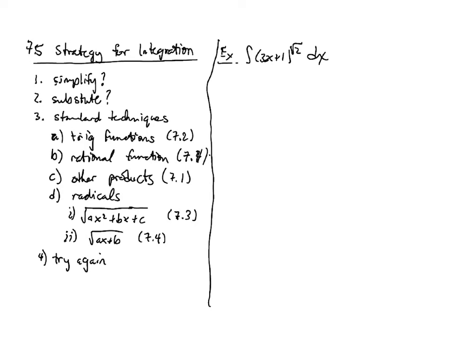But I do see that I have stuff to the square root of 2. And that stuff is something that when I take the derivative, du equals 3 dx, and that constant is always something that I can deal with in doing a nice u substitution. And then I'll essentially have u to the square root of 2, which I can take the antiderivative of just by using the power rule.